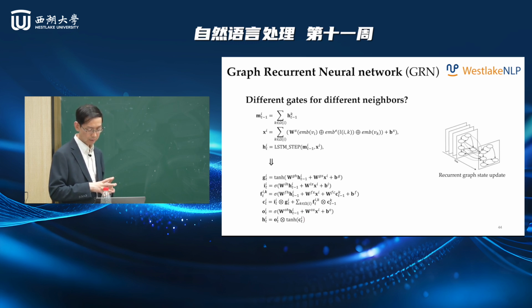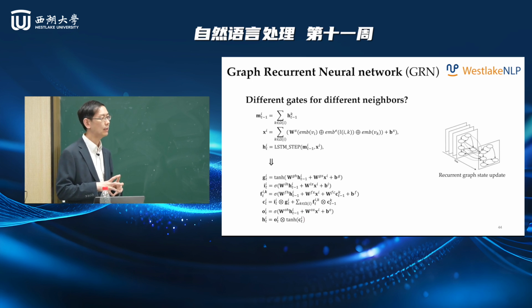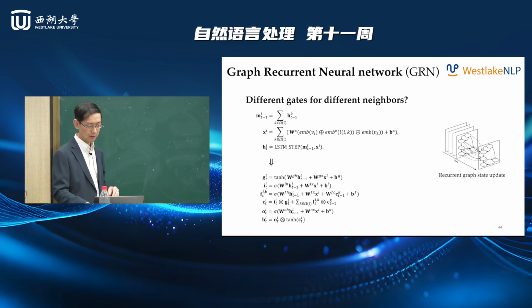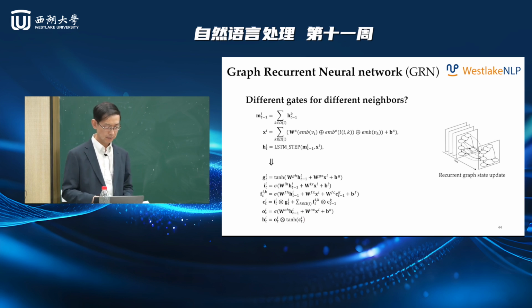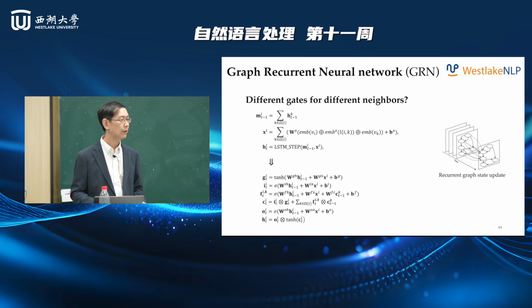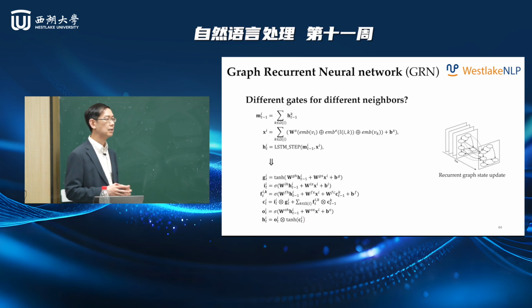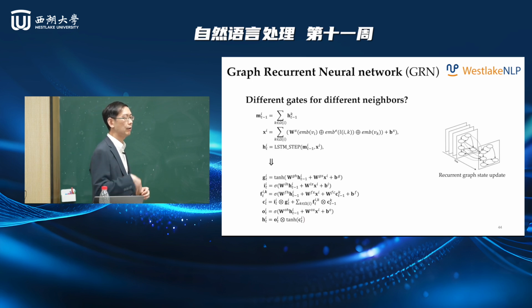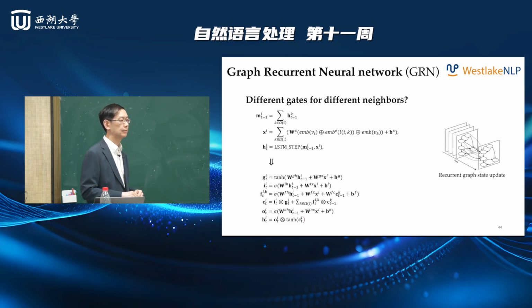I can still aggregate the neighbor hidden into one hidden, but I can calculate a different gate for different hidden. So within the LSTM step, I can change the calculation. All right. Are there more variants? I leave it to you. And this contrast shows a very good example of how you can practice your neural modeling techniques.